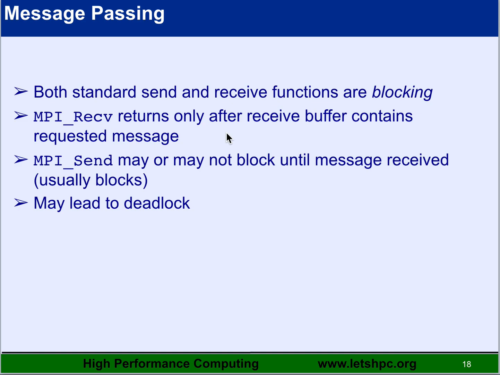Now, because of its blocking nature, sometimes it may lead to deadlock, and that happens when the code is not properly written. So we'll look into a couple of examples to clarify this point, that under what situations we may encounter a deadlock. Because these are blocking in nature.